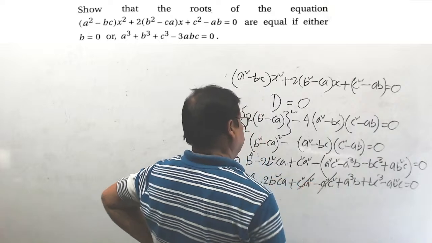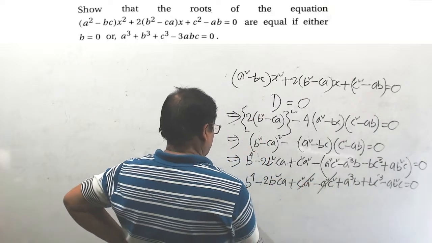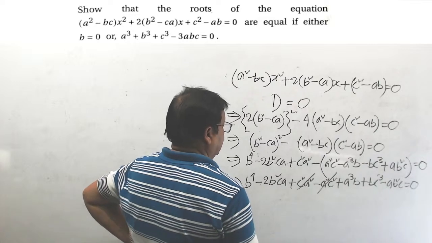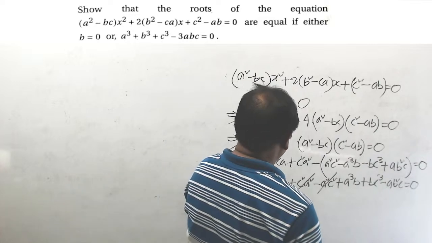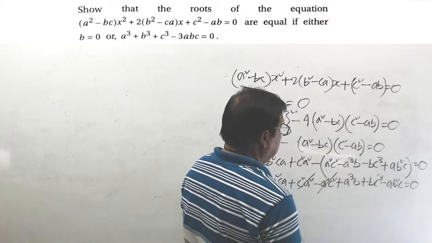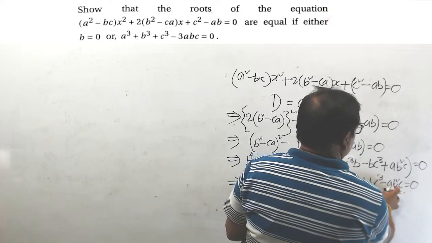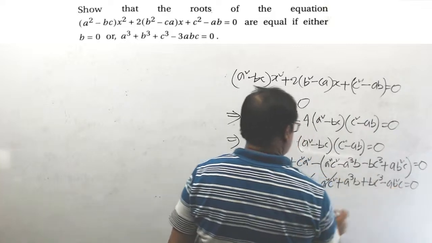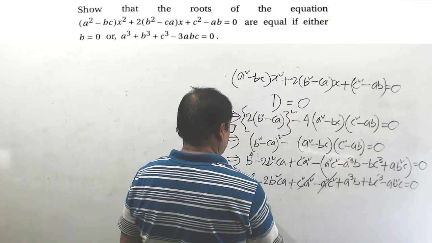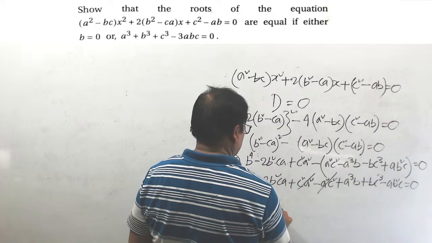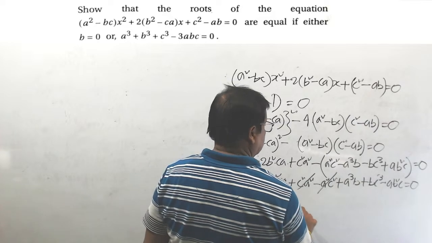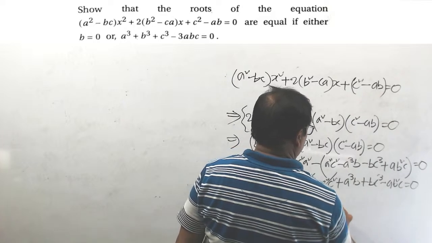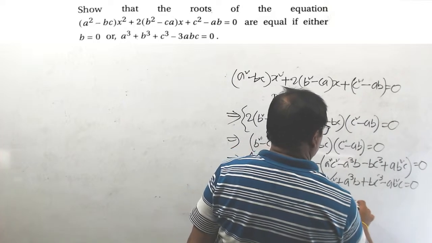This cancelled. Now any like terms: b square ca, b square ca, another b square ca. That means b to the power 4 minus 3b square ca plus a cube b plus bc cube equals to 0.